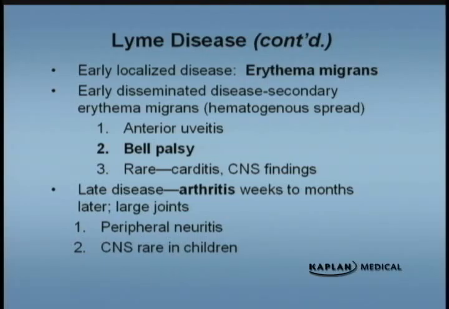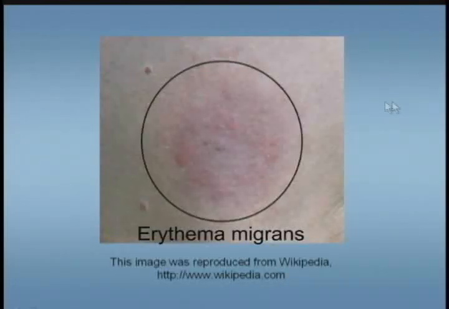The patient can actually get better from that, and then after a certain period of time progress to the third stage of the disease, which is actually the arthritis stage of the disease. And the arthritis will occur in the large joints. They can also have a peripheral neuritis, but look for stage number 1, rash. Stage number 2, Bell's palsy or carditis. Stage number 3, arthritis.